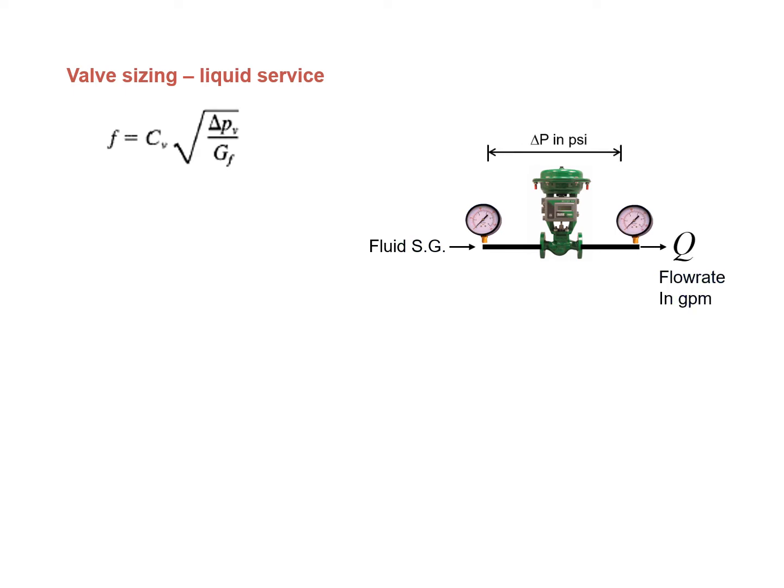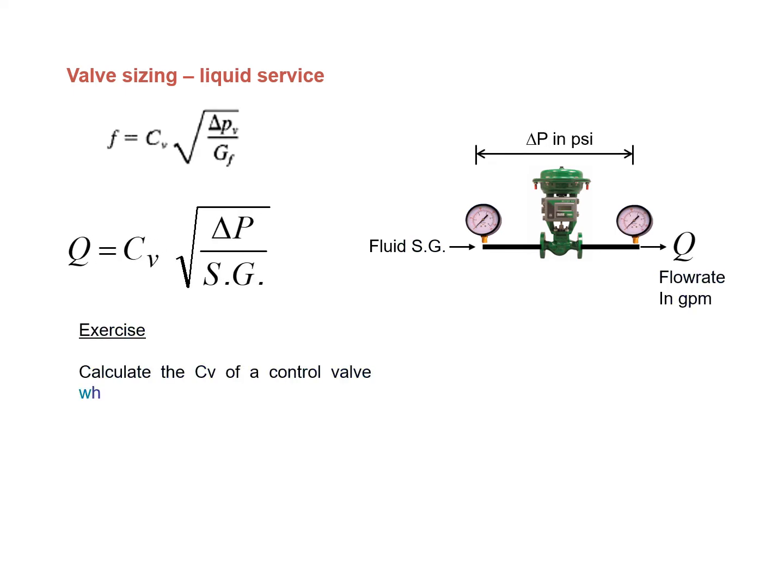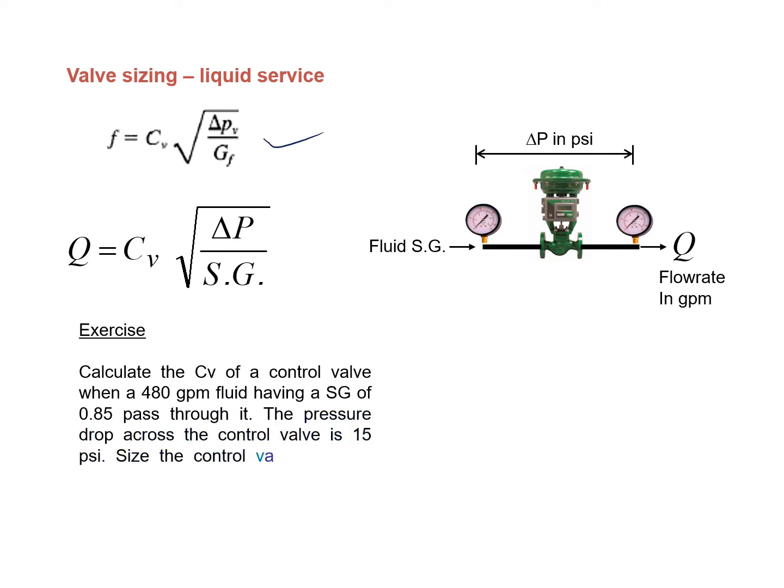Okay, so for the liquid services, basically we will use this formula like what I mentioned before. This formula is also equivalent to this one, which is Q equal to CV times square root of delta P over specific gravity.